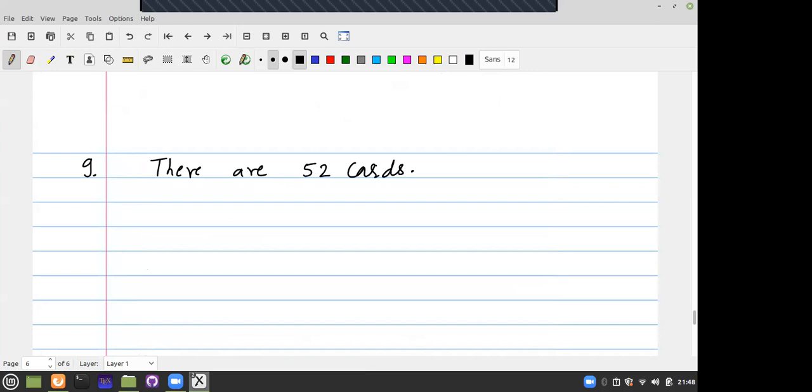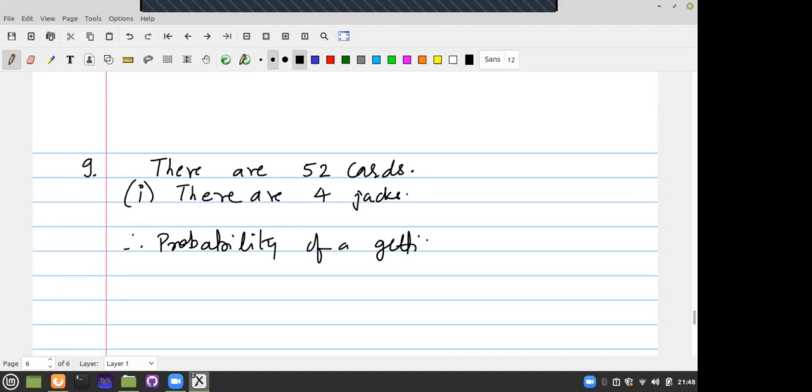Now tell me, how many cards are jack? There are 4 jacks. Therefore, the probability of getting a jack is 4 upon 52, that is 1 upon 13.